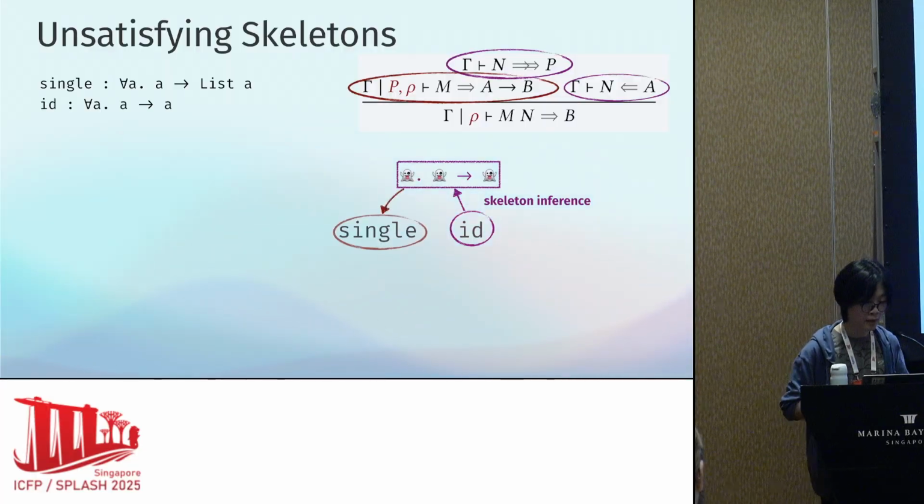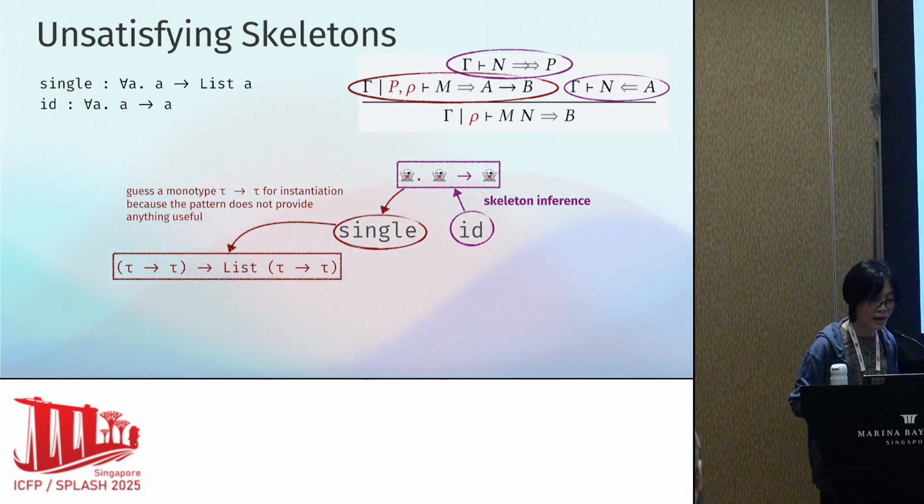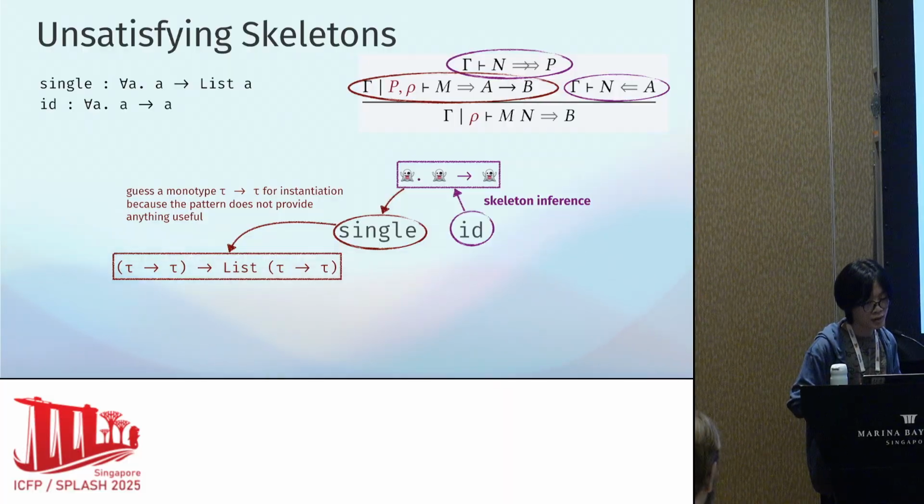And then we use this pattern to get the instantiation of single. However, this skeleton is very useless. It doesn't tell what kind of polytype the argument should be.